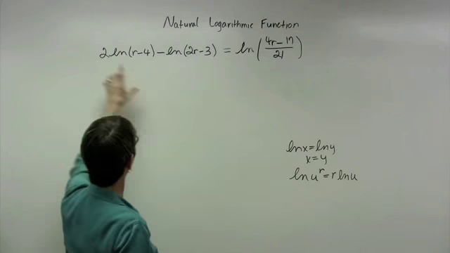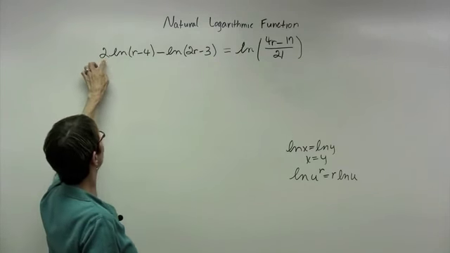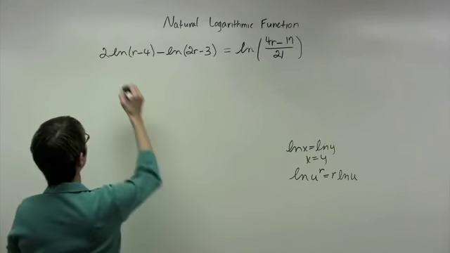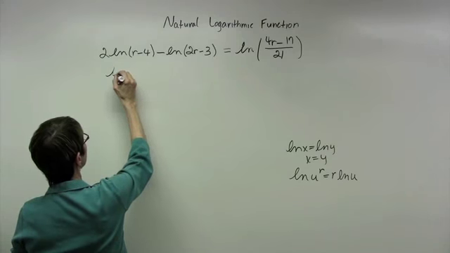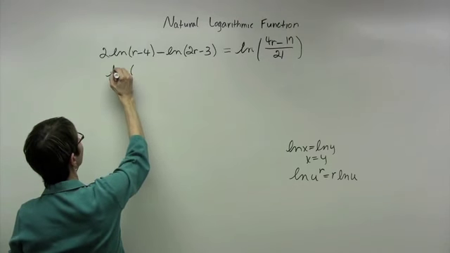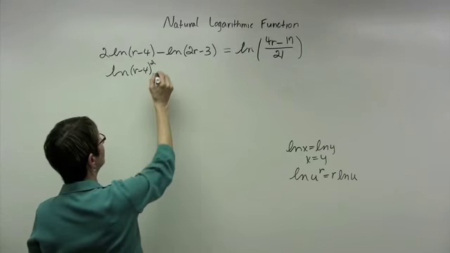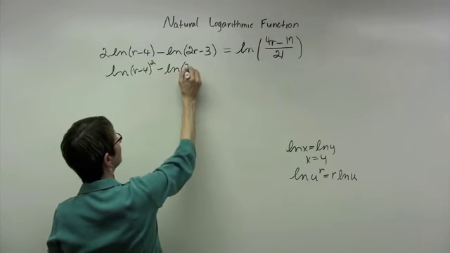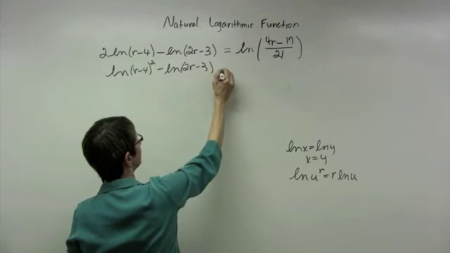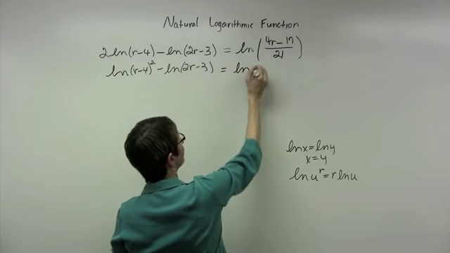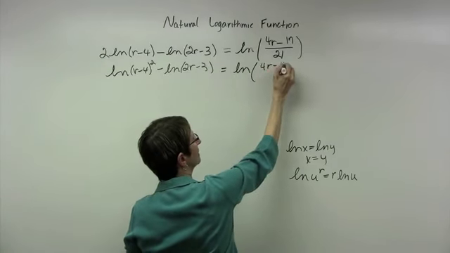We have to take the 2 that's in front and make it become the exponent. So I have natural log of r minus 4 squared minus ln of 2r minus 3 equals ln of the big fraction.